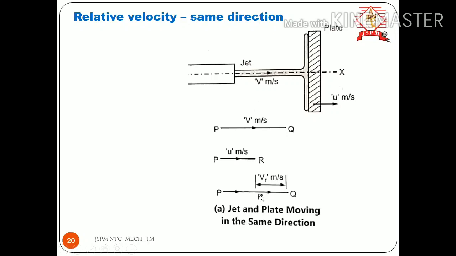So PR is u and PQ is v. The difference between R and Q is the relative velocity. Simply we can write that the relative velocity is equal to v minus u.